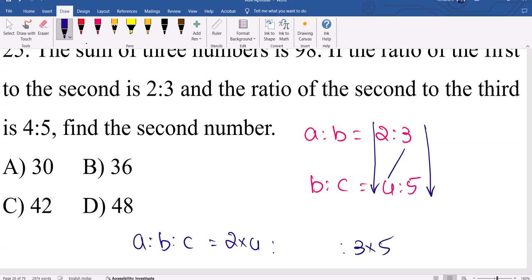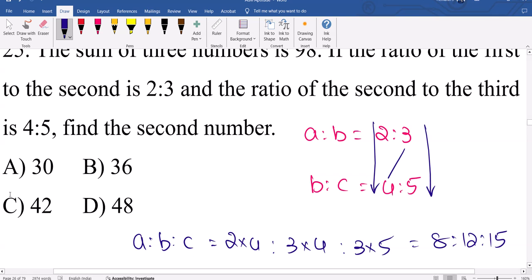The middle one is cross multiplication. This is the joint ratio: 8, 12 and 15. Here again there is a mistake in the question, but let's go ahead with the approach.